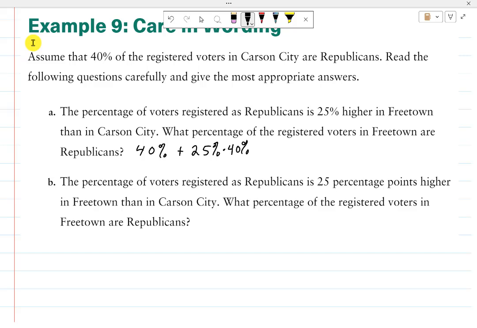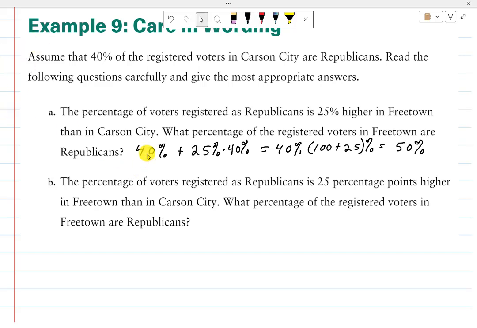So the distributive property could have taken care of this real easily. We have 40% times 100 plus 25%. And I think you'll find out that this turns out to be 50%. And that should make sense.